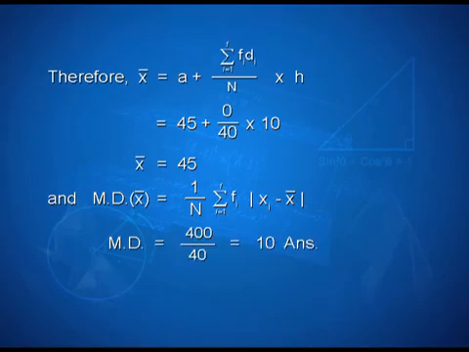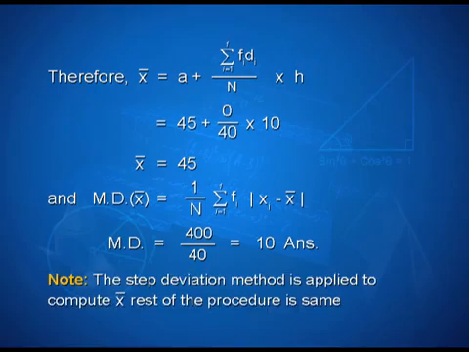So, mean deviation is equal to 400 upon 40, that is equal to 10. Note that the step deviation method is applied to compute x bar, rest of the procedure is the same.